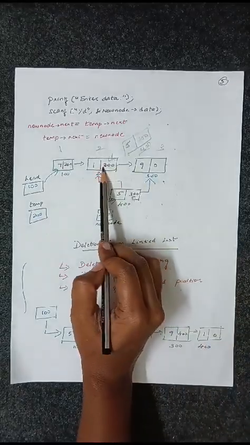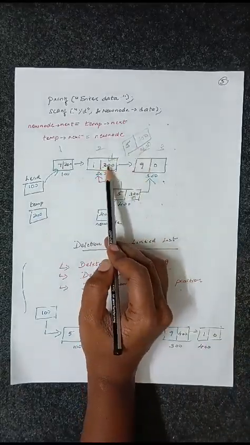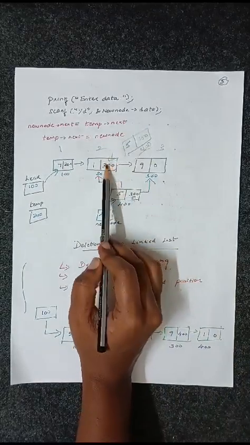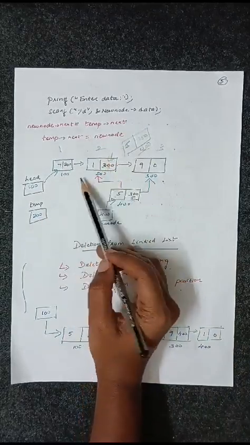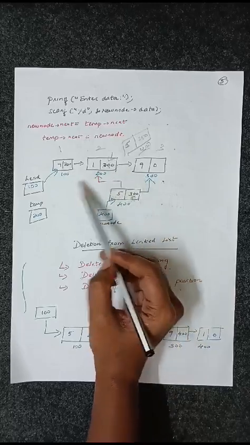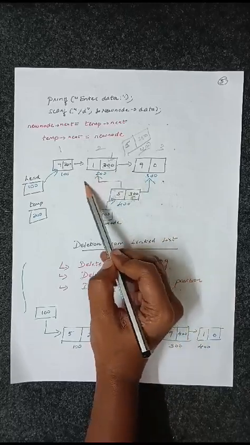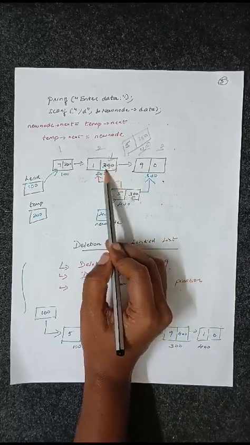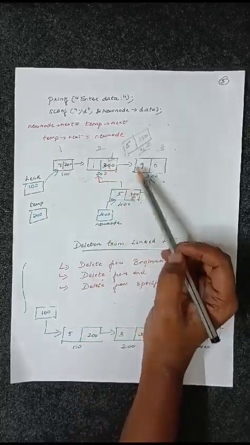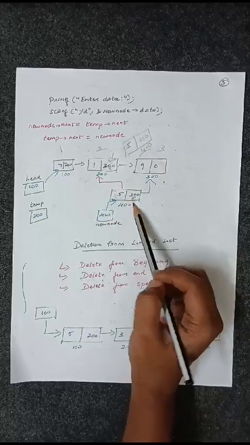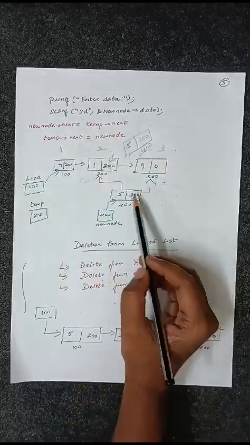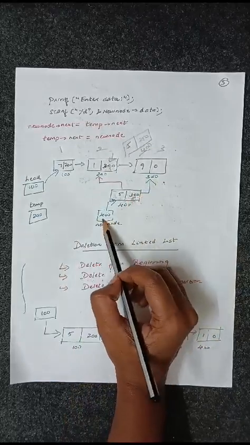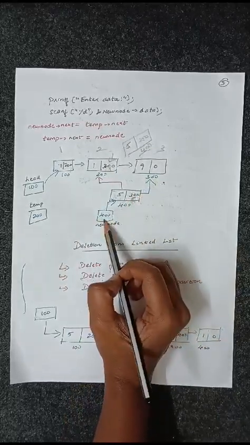So what should I do here? If I want to update 400, what is the pointer initially? Temp is currently pointing to 200 only, right? So temp of next is this. What is my new node of next? In the new node I have 400.